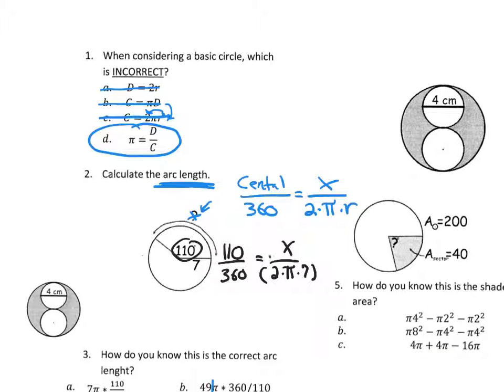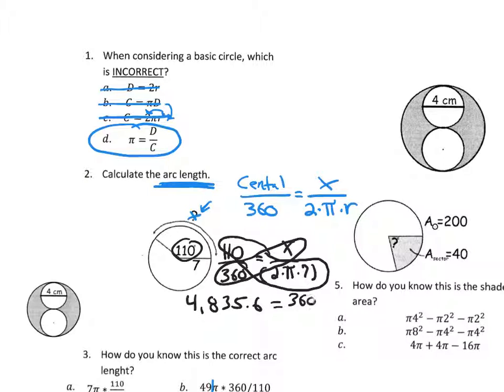So we're going to cross multiply then. So on your calculators, you're going to do 110 times 2 times pi times 7. You can pause the video right now if you want to practice on your own. But when you do that, you are going to get 4,835.6 equals 360 times x is just 360x.